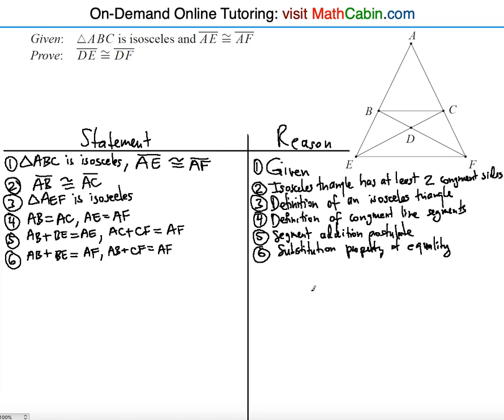Okay, so now the next step is going to be this. Notice that AB plus BE minus AB is going to be equal to AF minus AB. I'm just simply subtracting AB from both sides of the first equation.